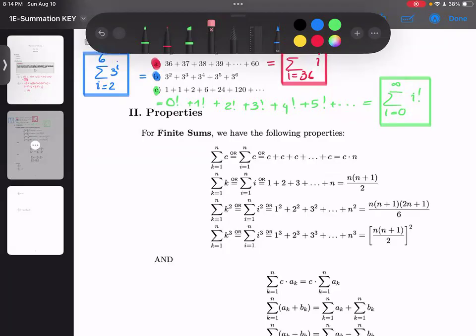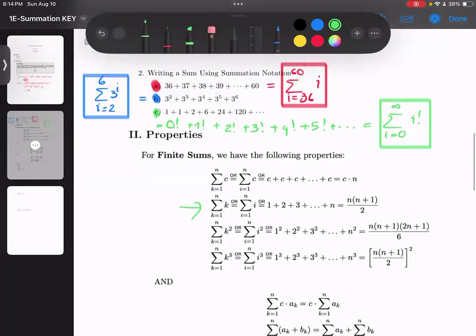The second one, I have the summation k equals 1 to n of k, right? We just did it right here. So instead of using i I can just use k, right? So basically you bump up k 1 unit at a time, right?